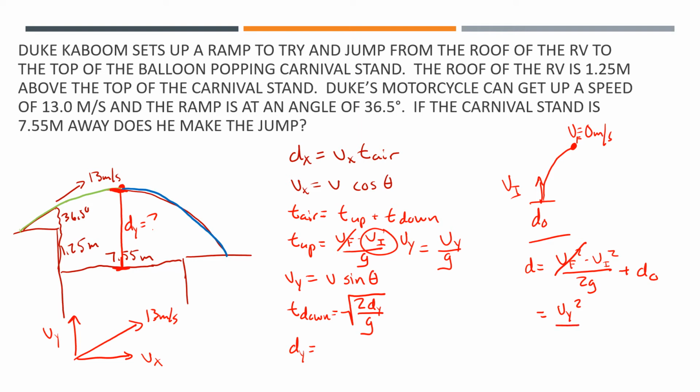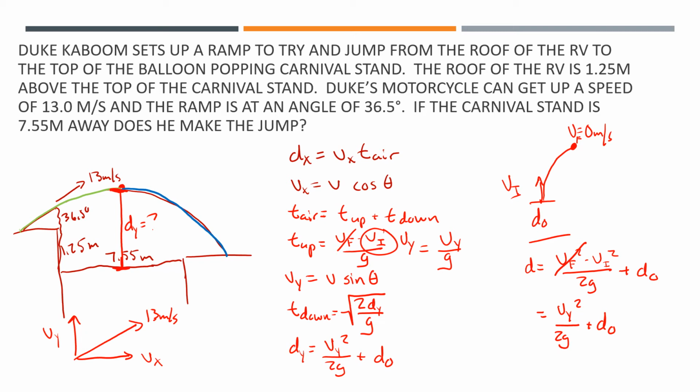We're going to divide that by 2g, and then we're going to add in that initial height that we started at. Okay, so we've taken that equation we used in free fall and transformed it into our component velocities to find whatever that peak height is going to be. So that dy, that peak height, is going to be vy squared over 2g plus the initial height of the object.